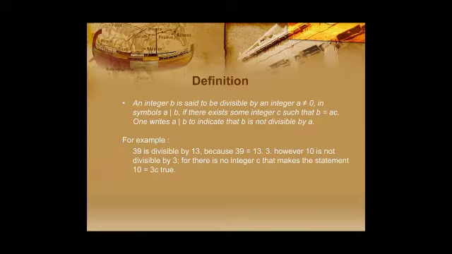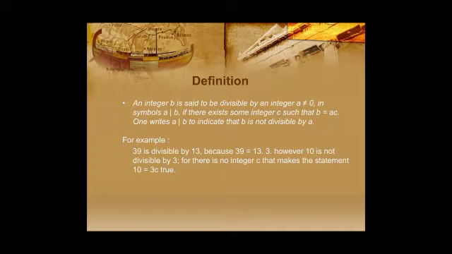A definition: an integer b is said to be divisible by an integer a not equal to 0. In symbols, a divides b if there exists some integer c such that b equals ac. One writes a does not divide b to indicate that b is not divisible by a.